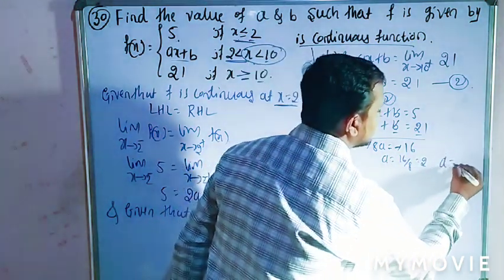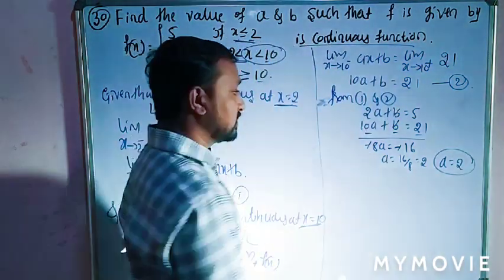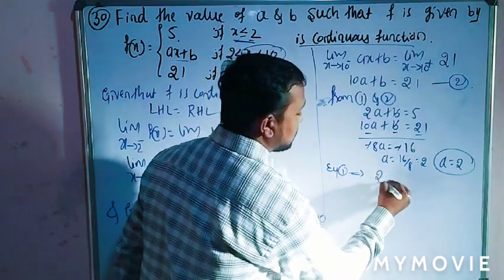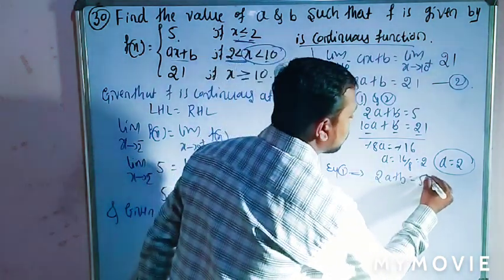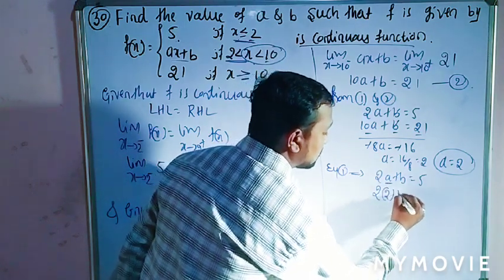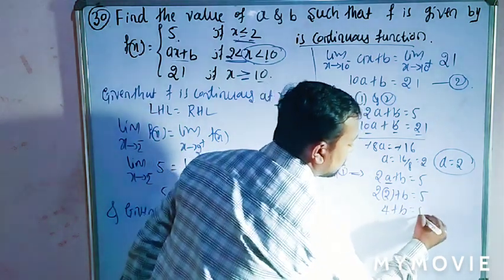Here a is equal to 2. Now we use the value of a in any equation. So equation 1 implies 2a plus b equal to 5. That is 2 into the value of a, which is 2, plus b equal to 5. So 4 plus b equal to 5.